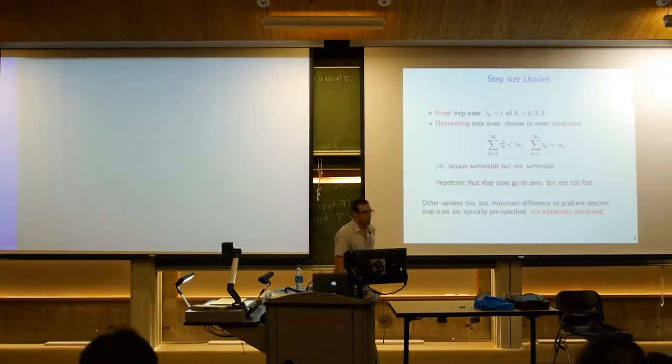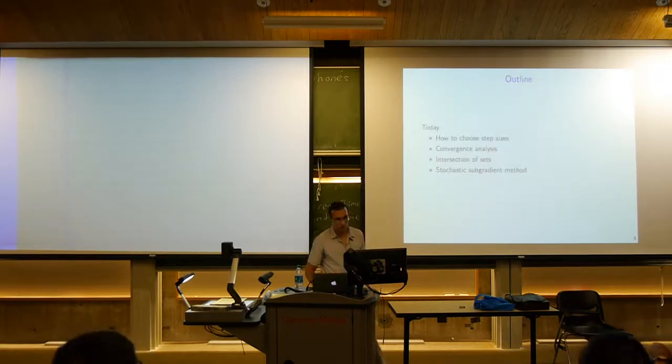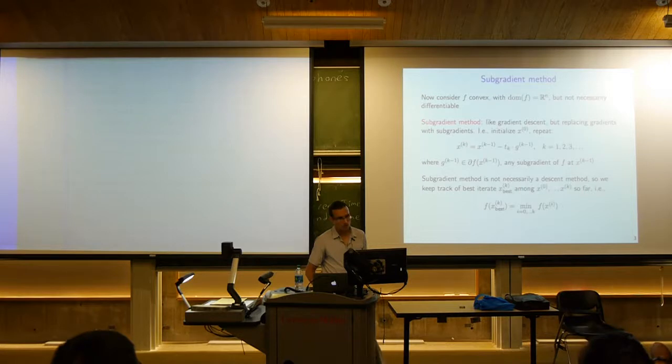So how do we choose step sizes? Oh, you had a question. Yeah. So in the algorithm that you suggested, isn't it the case that in one direction, definitely, we're going to have a descent?